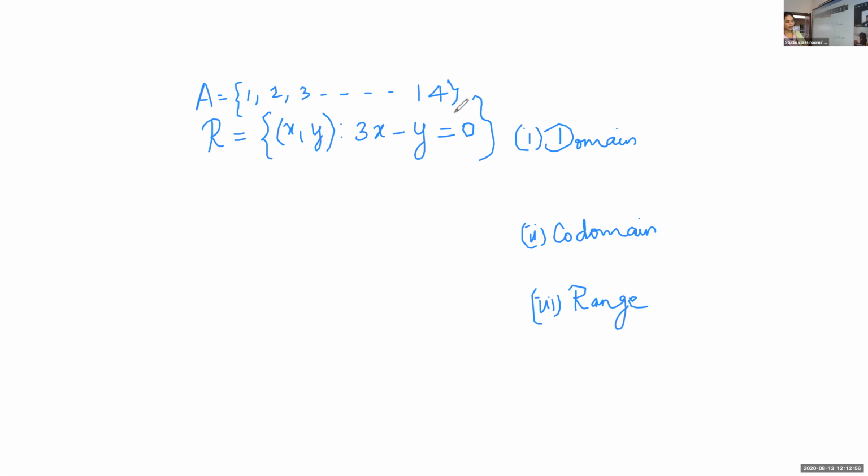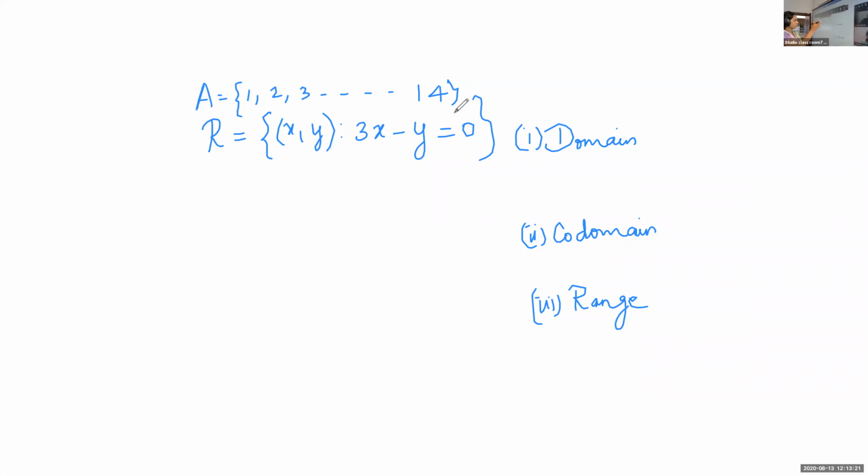Now, Emmanuel, can you tell me in which form the relation is given? 3x minus y, that is the relation. In which form is the relation represented? Set builder form. Yes, correct. The relation is represented in set builder form.